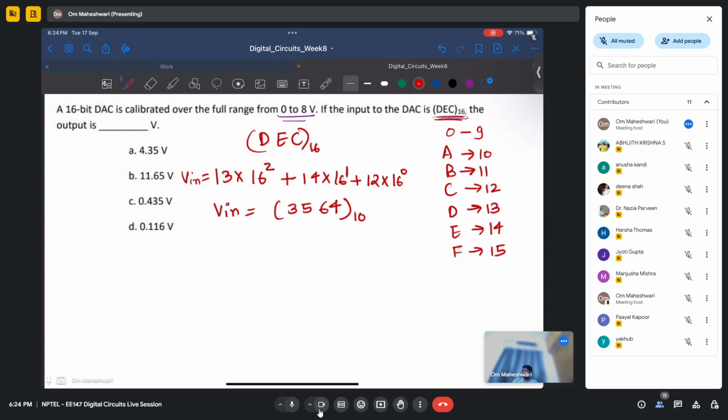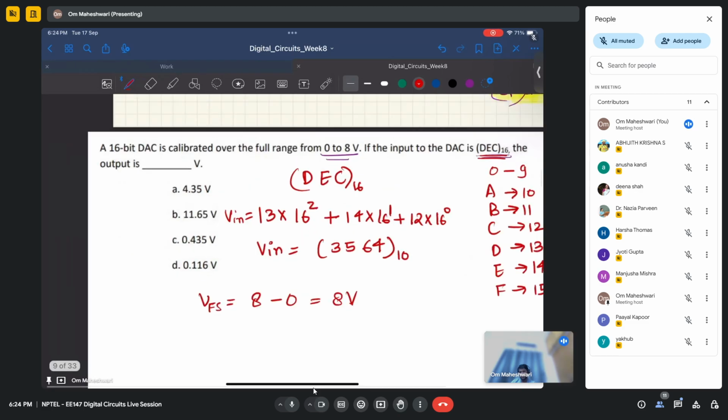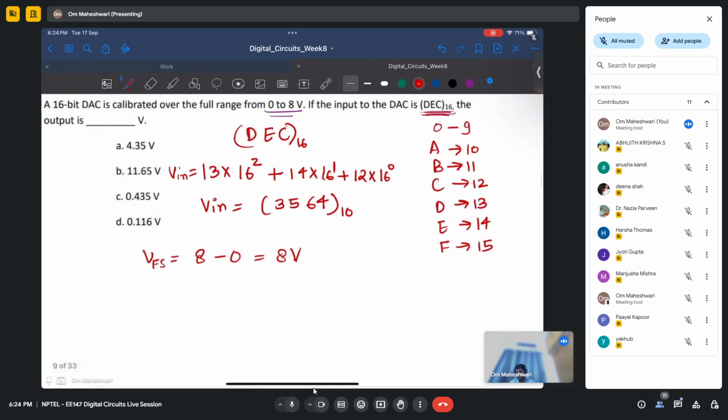Your full scale range is VFS equals 8 minus 0, which is 8 volts, and which is simply your reference voltage. So your V out will be VFS upon 2 to the power n minus 1, which is simply your resolution, into V in.